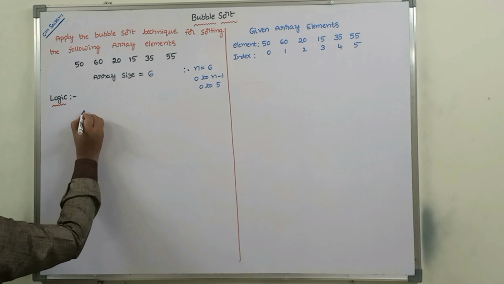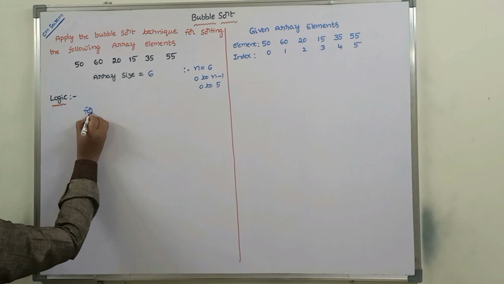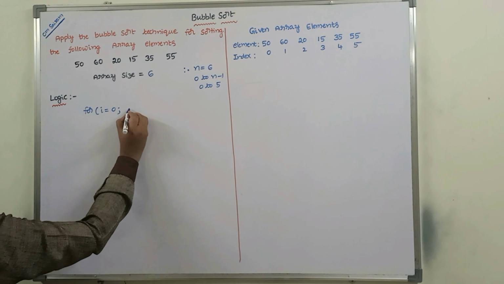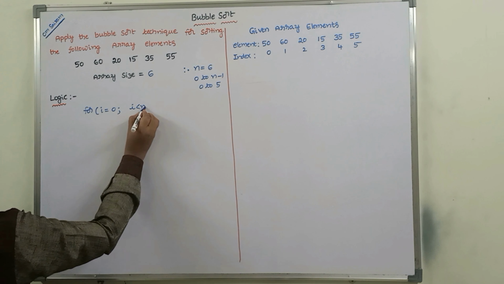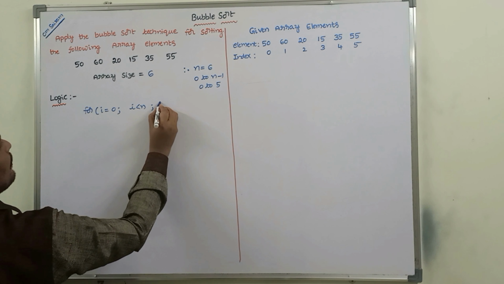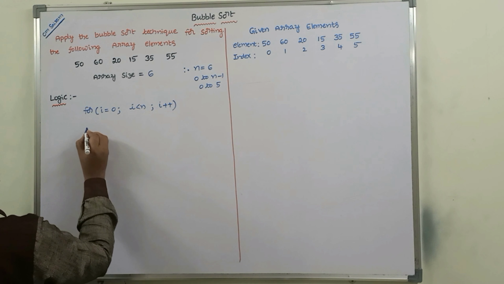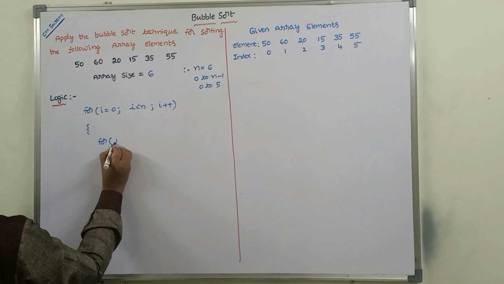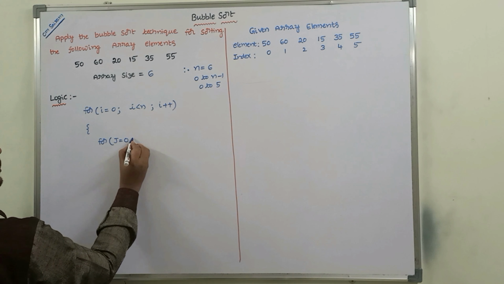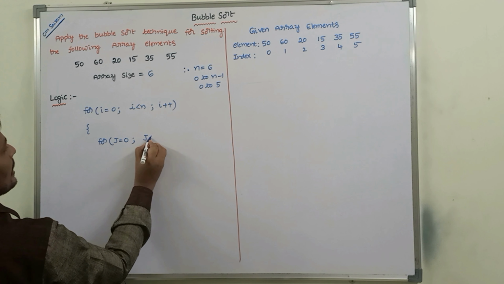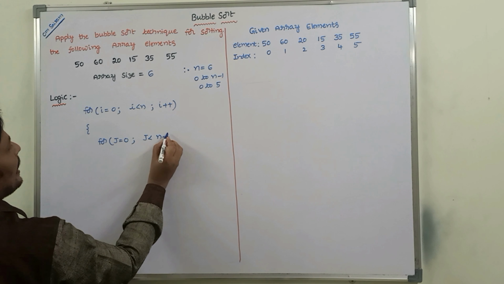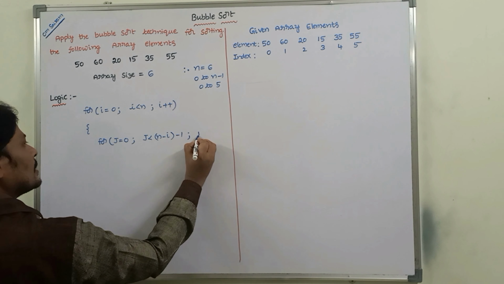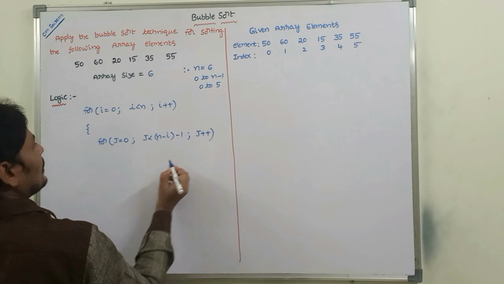So the logic is: for i is equal to 0, i less than n, i plus plus. Next, for j is equal to 0, j less than n minus i minus 1, j plus plus.